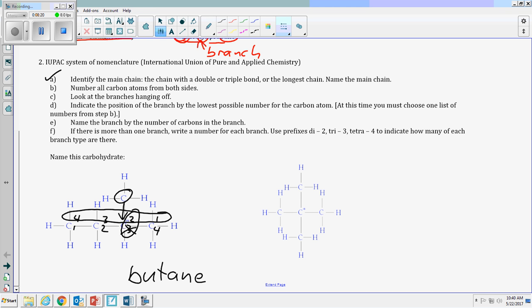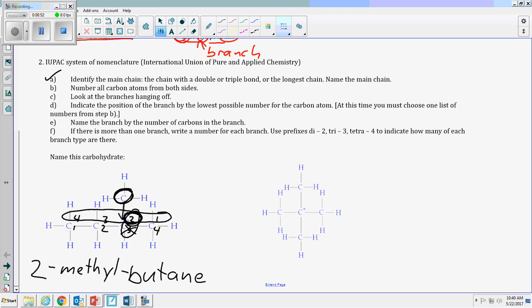So now we know where the branch is, and we know that it has only 1 carbon. The location is given with the number, so that number 2 becomes the location of the branch, and the branch length is 1 carbon, so that means it's a meth, and because it's a branch, it gets the yl ending, so we have a 2-methyl butane here.